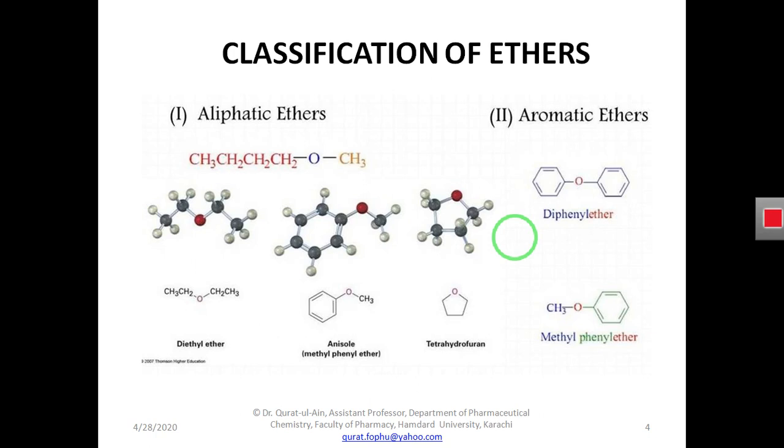If a molecule follows these three rules or these three properties, we say it follows the Huckel rule, and such molecules are said to be aromatic molecules or aromatic compounds.